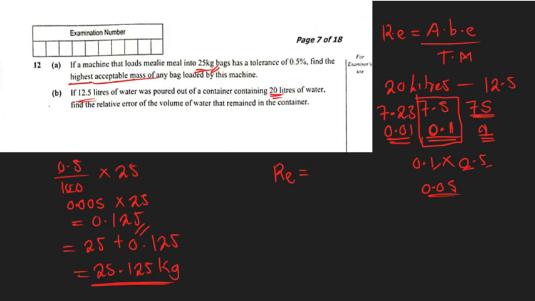Relative error is going to equal to what's your absolute error, 0.5, over what's your true measure, 7.5. Now we don't want to leave it in this particular form because it will look dirty. So you want to make it a whole number.